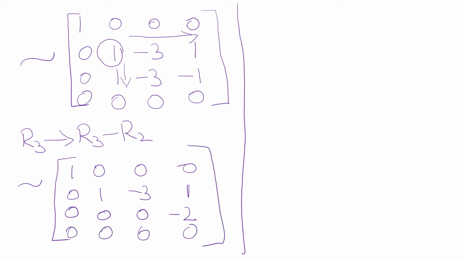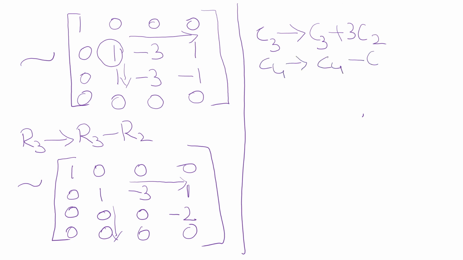What is the next step that we need to do? We need to see to it that the elements in that row are 0, because we have made these two elements 0. Now we have to see that these elements are zeros. What are the operations? C3 is C3 plus 3C2, and C4 is C4 minus C2.